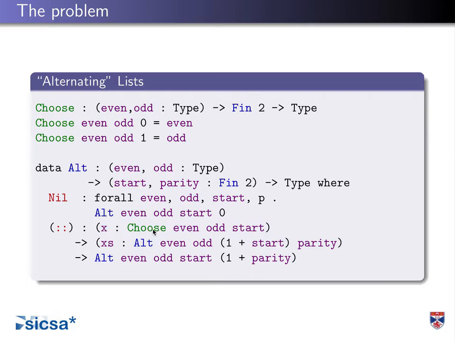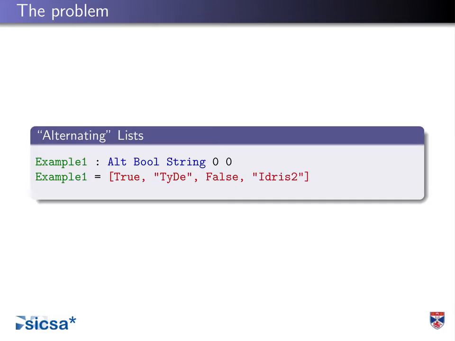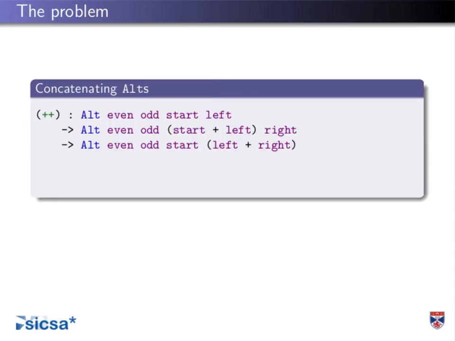So we're going to get alternating elements. So an alternating list could be alternating booleans and strings. So true, tidy, false, Idris 2, and that's starting at parity 0 and ending at the same parity it started at. So let's try concatenating them and look at what the type of that needs to be.